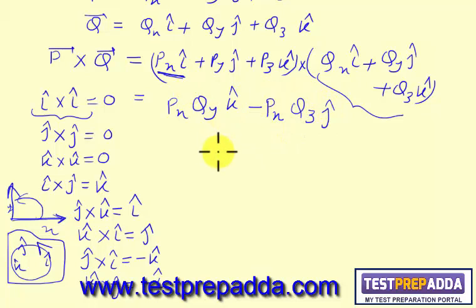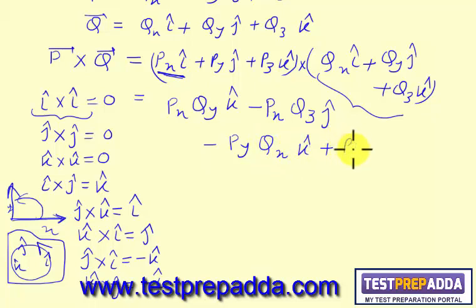Similarly, if you multiply the second term, it will be j cap cross I cap. J cross I, it will be minus. So, minus Py Qx k cap.